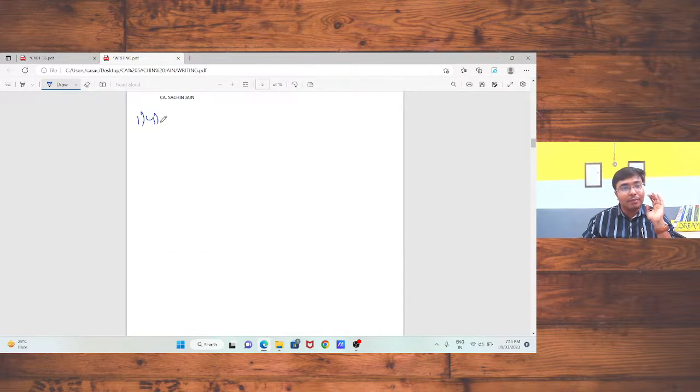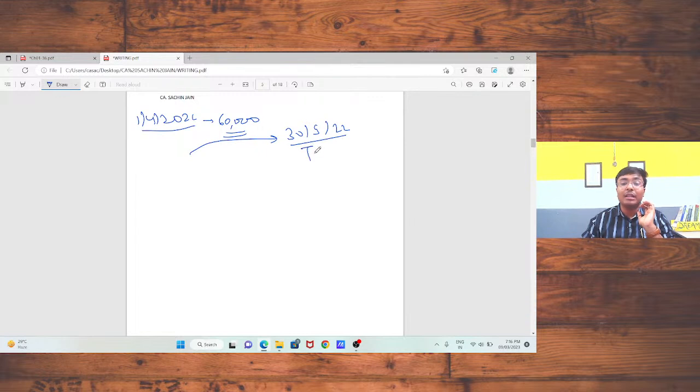I am just explaining the situation again. On 1st April 2022 I bought a plant and machinery on which input tax credit is 60,000 rupees. At that time I was using that plant and machinery for exempted purposes only, and now on 30th September 2022 I am going to use it for taxable as well as exempted purposes. In that case, at that time I have not taken input tax credit.